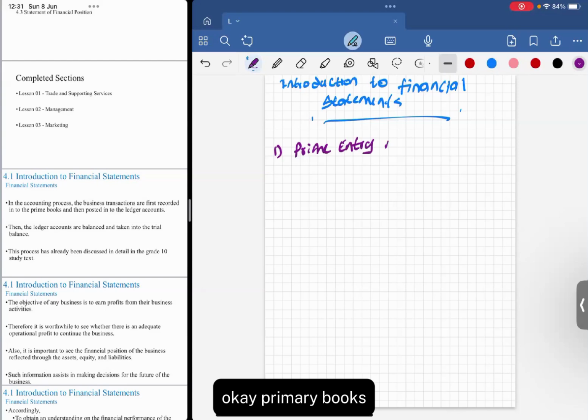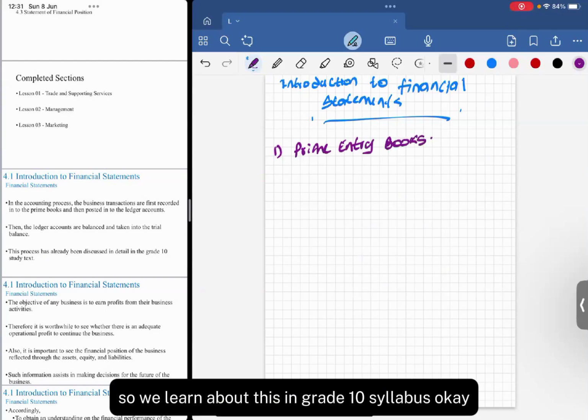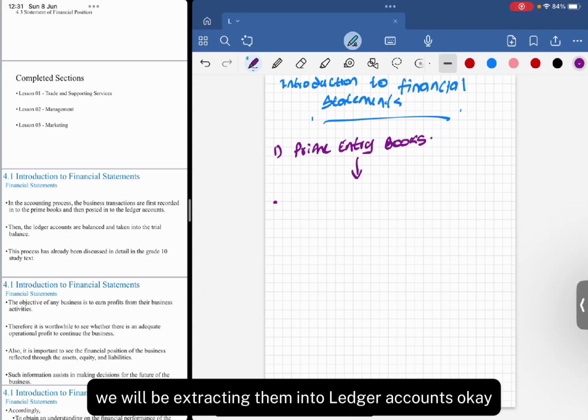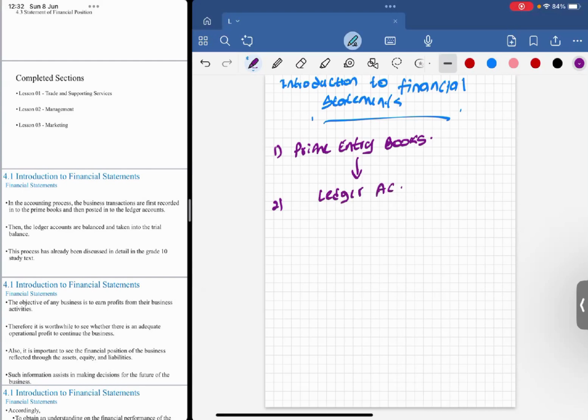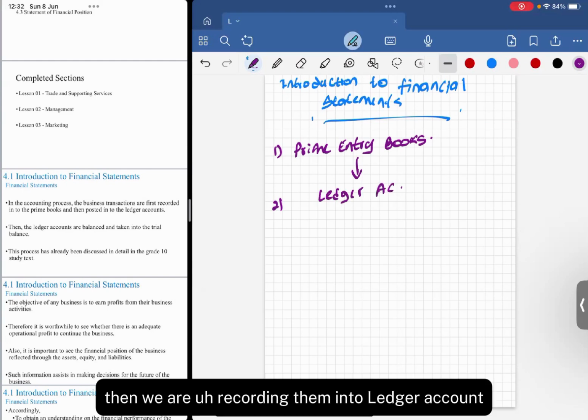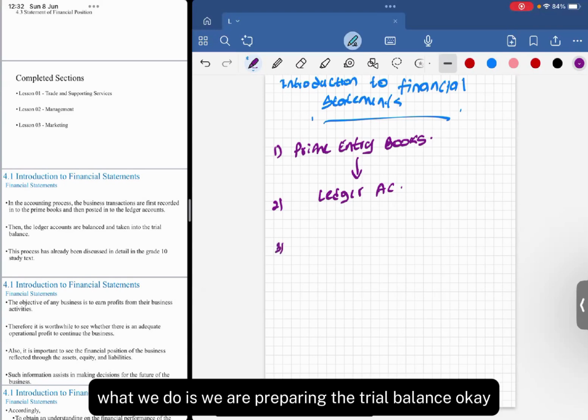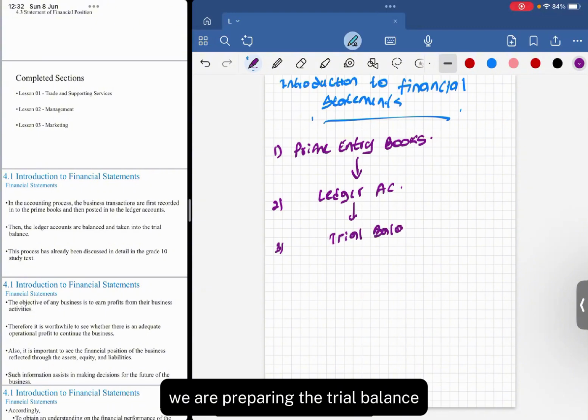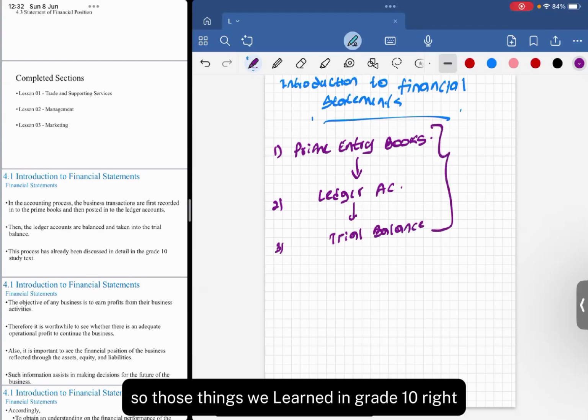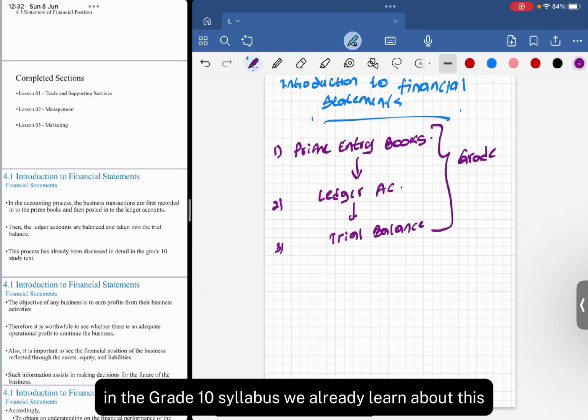Then from this, we extract them into ledger accounts, recording them on the debit side and credit side. After that, we prepare the trial balance. Those things we already learned in grade 10, right?